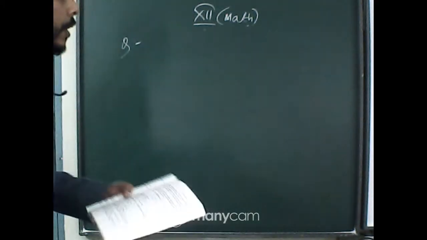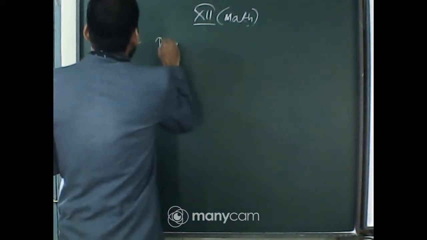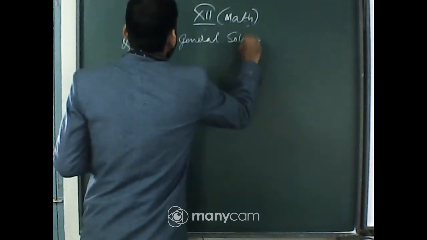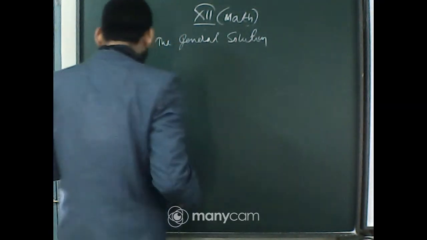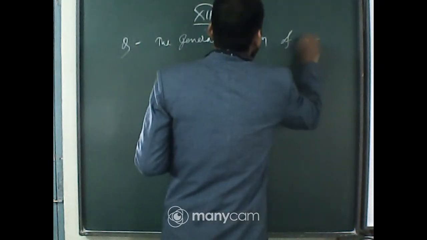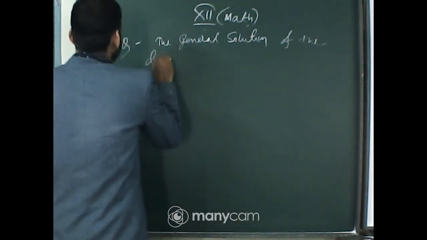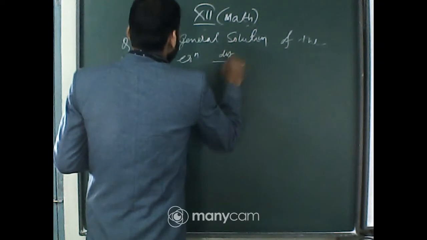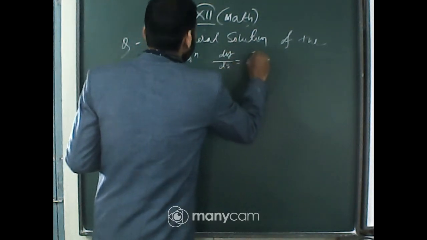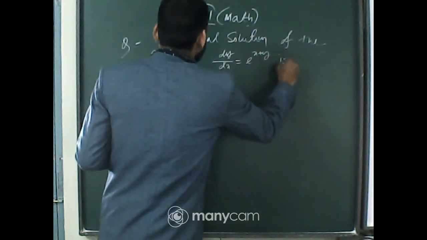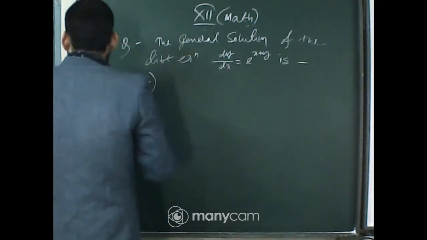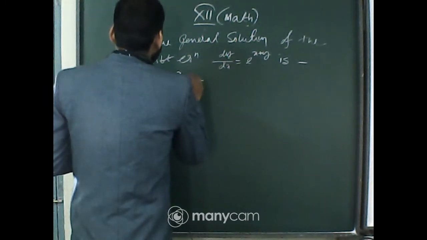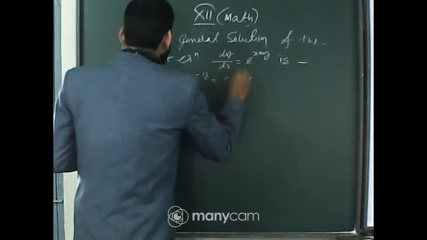The general solution of the differential equation dy/dx equals e to the power x plus y is, the options are: option A, e to the power x plus e to the power minus y equals c.